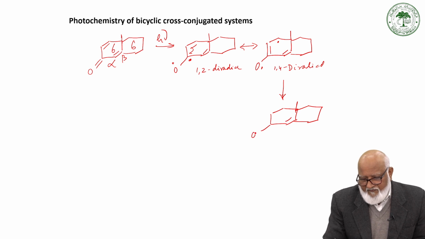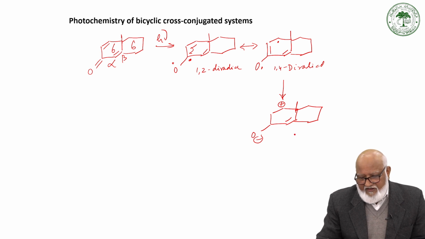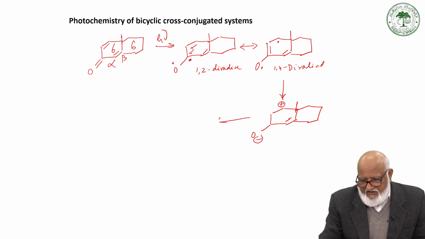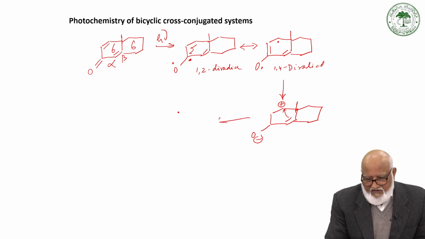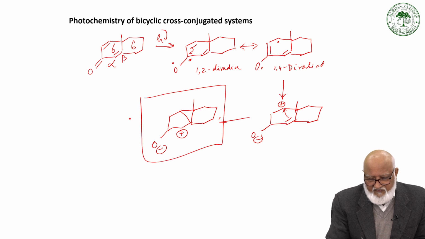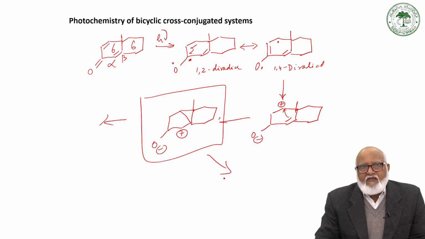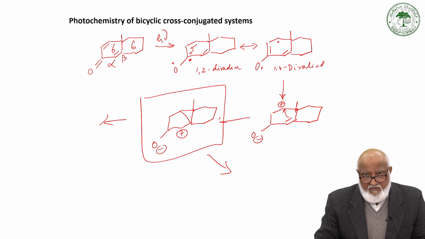So this can transform to a dipolar species, a zwitterionic species, and then this can once again transform to a three-membered ring like this, with O minus, and then we have a positive charge here. Now this is the intermediate which gives different products depending upon the medium and the different solvent medium.